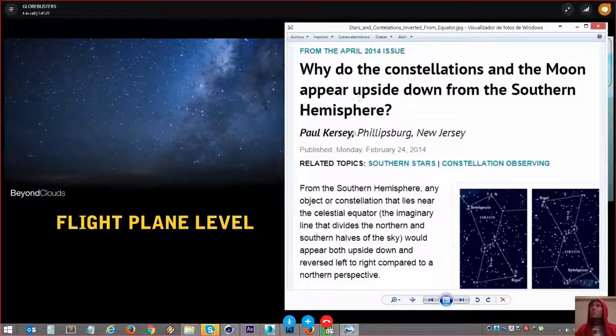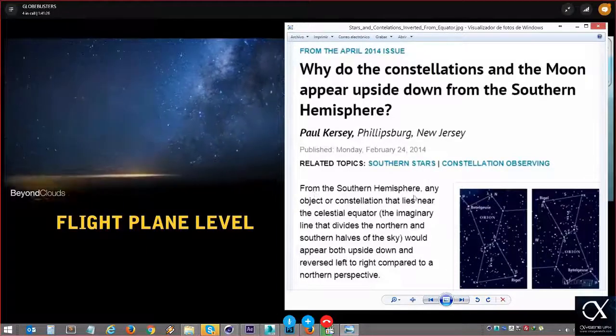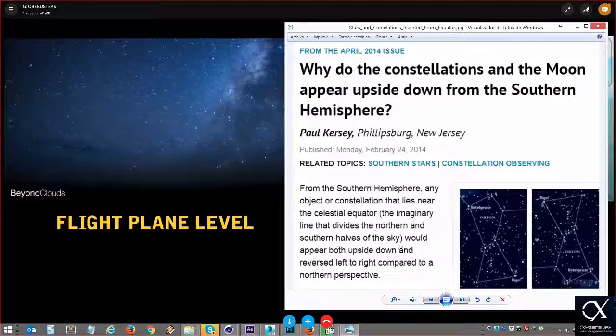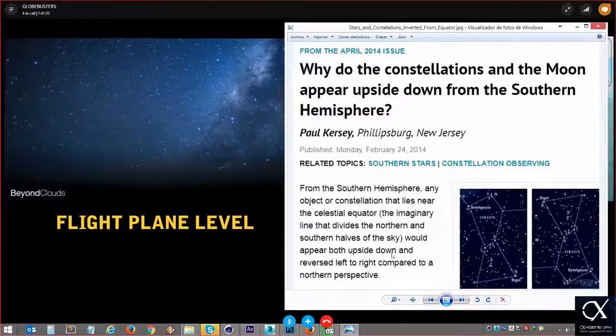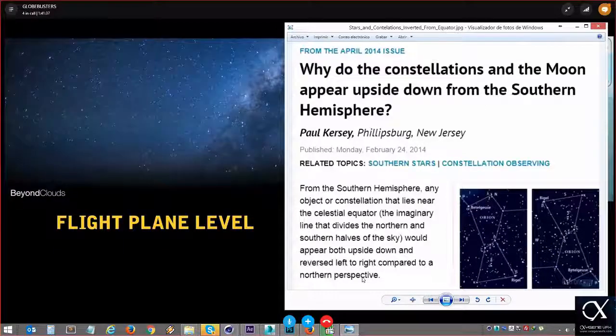Exactly. Even here, publishing to 2014, from the southern hemisphere any object or constellation that lies near the celestial equator will appear both upside down and reversed left to right compared to the northern perspective.